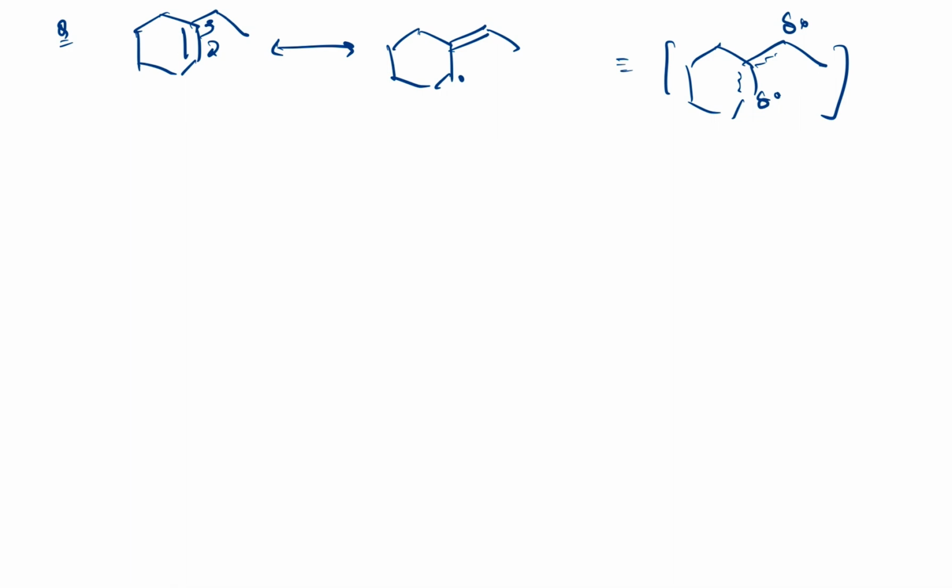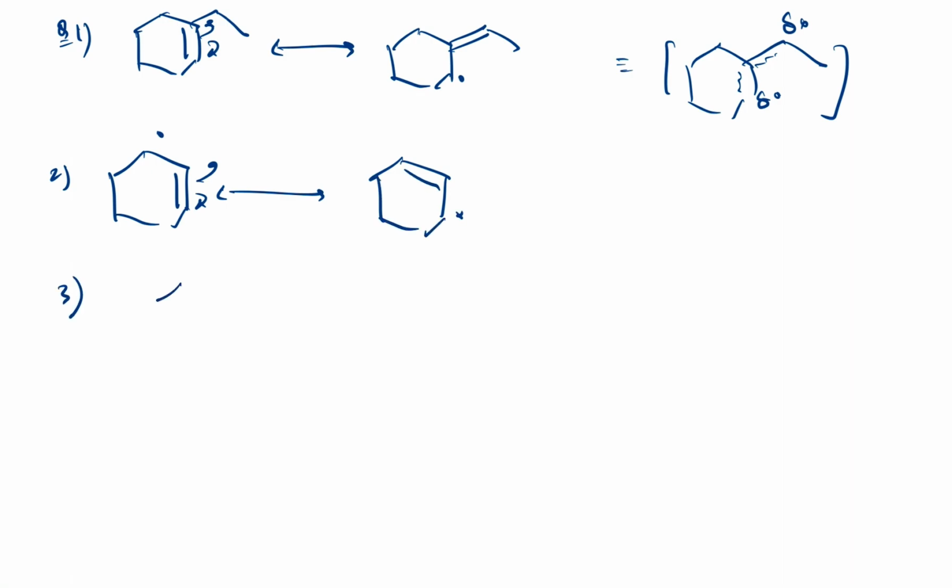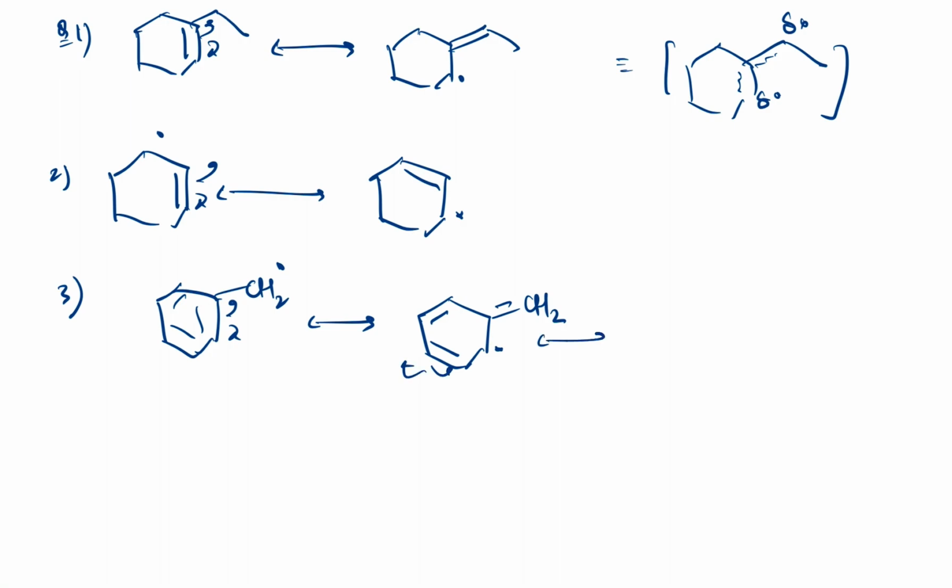Now the second question here is this type of bond: this will break like this and it will form this. Third, now we have a CH3 free radical, CH2 free radical, which breaks like this. Here also, CH2 free radical breaks like this over here, and it will form a CH2 free radical over here, which will break like this.